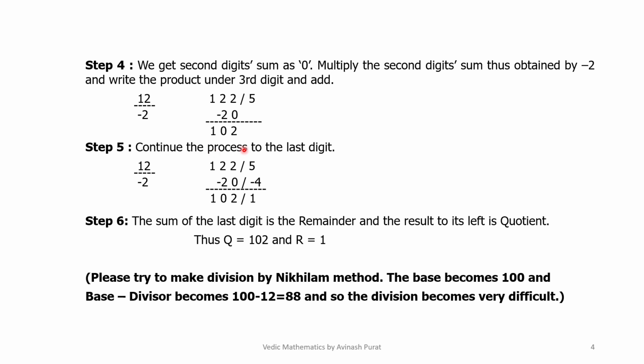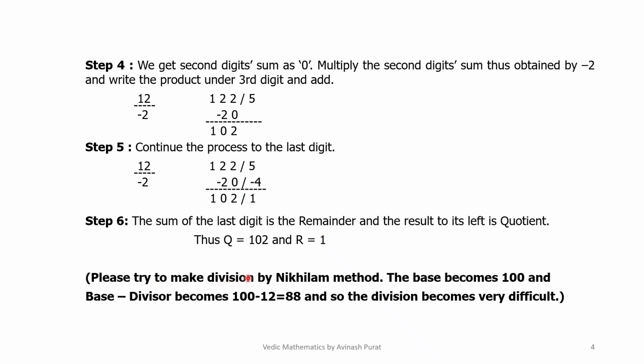Step 5, continue the process to the last digit. 2 multiplied by minus 2 is minus 4, 5 minus 4 is 1. So the sum of the last digit is the remainder and the result to its left is the quotient. Thus the quotient is 102 and the remainder is 1.